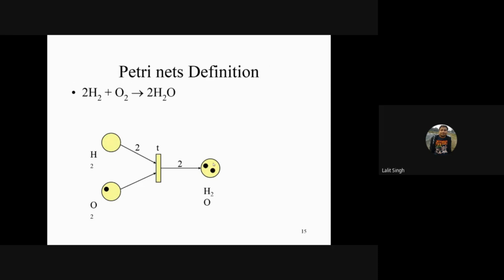And now the state has become like this. 2 tokens have been moved out from the hydrogen place and 1 has been moved out from the oxygen place, and 2 have been deposited into the water place. So now the state has become 0, 1, 2, because the distribution of the tokens represents the state of the system.